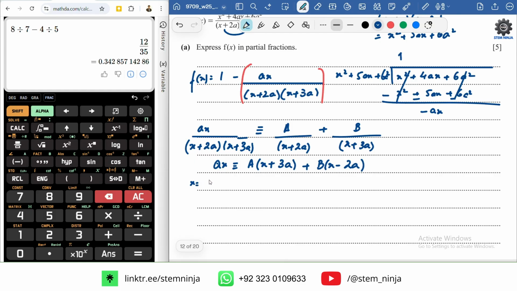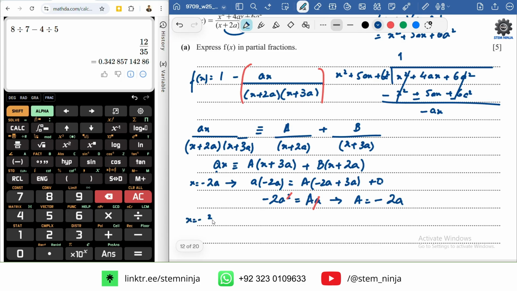We can first start with x is equal to minus 2a. So this one would become a times by minus 2a equals to, this one would remain only minus 2a plus 3a. The other one would be 0. This transforms into minus 2a squared equals to a times a. So a cancelled out, so a comes out to be minus 2a.